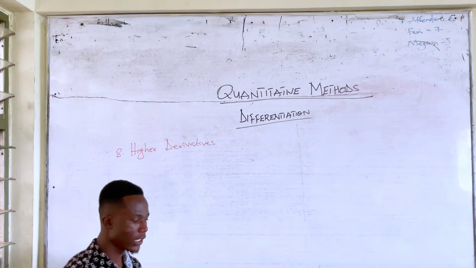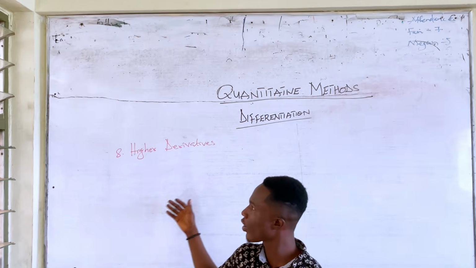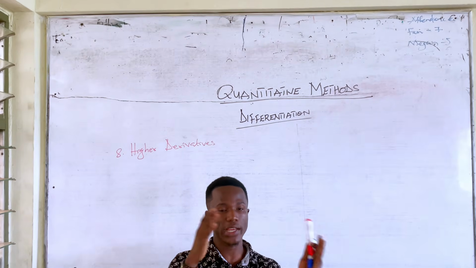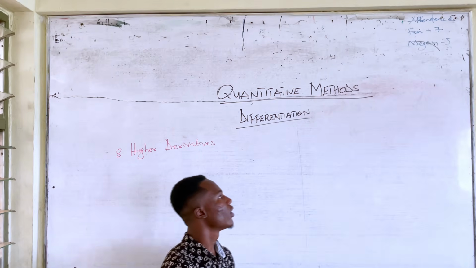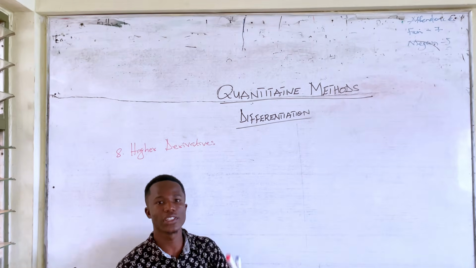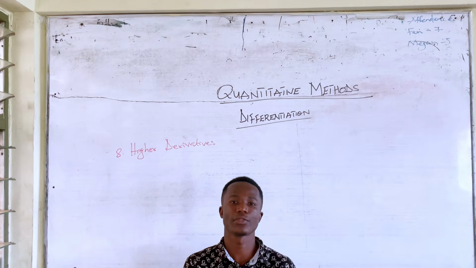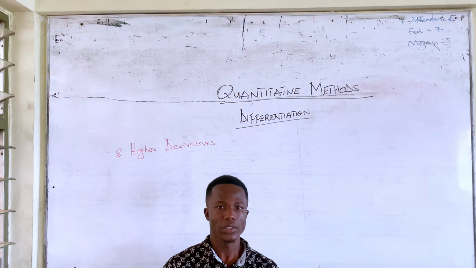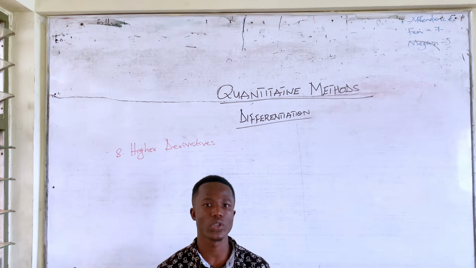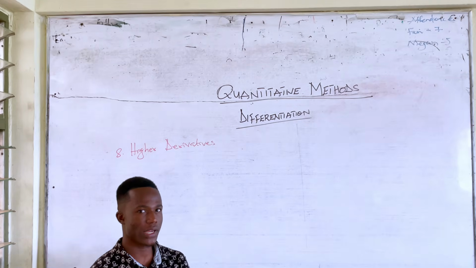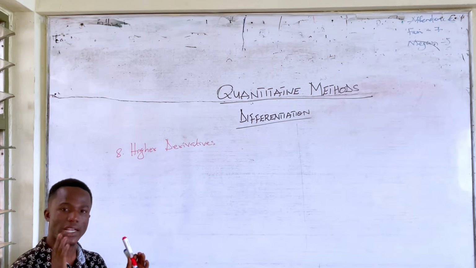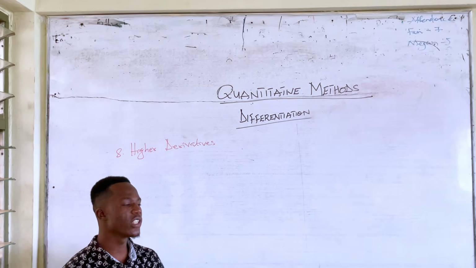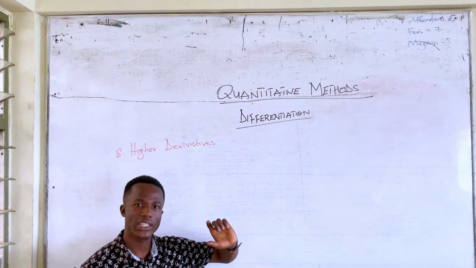So higher derivatives means everything that we have been doing is just finding the first differential, that is dy/dx. With higher derivatives, after finding the first differential, you go on to find the second differential, the third, the fourth, based on what the question is demanding. So if the question asks you to differentiate a given function to the third differential, you need to differentiate that function 3 times.